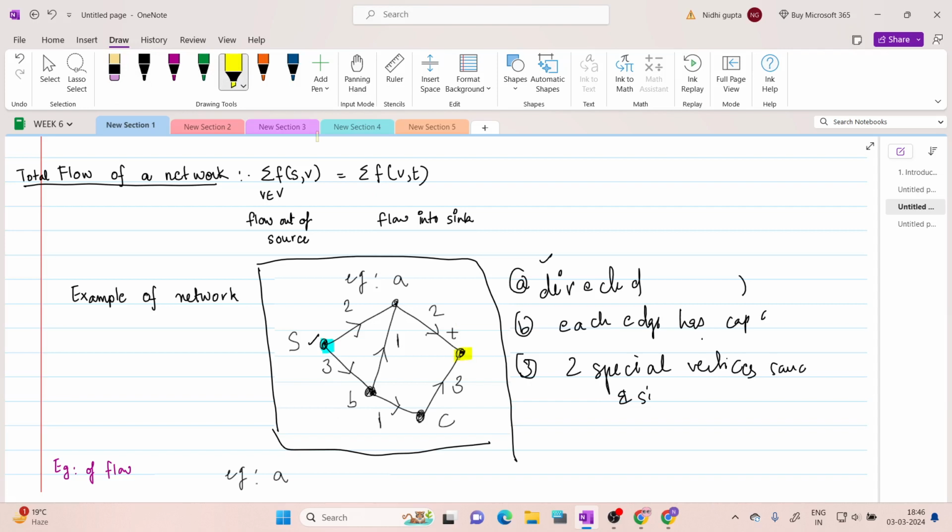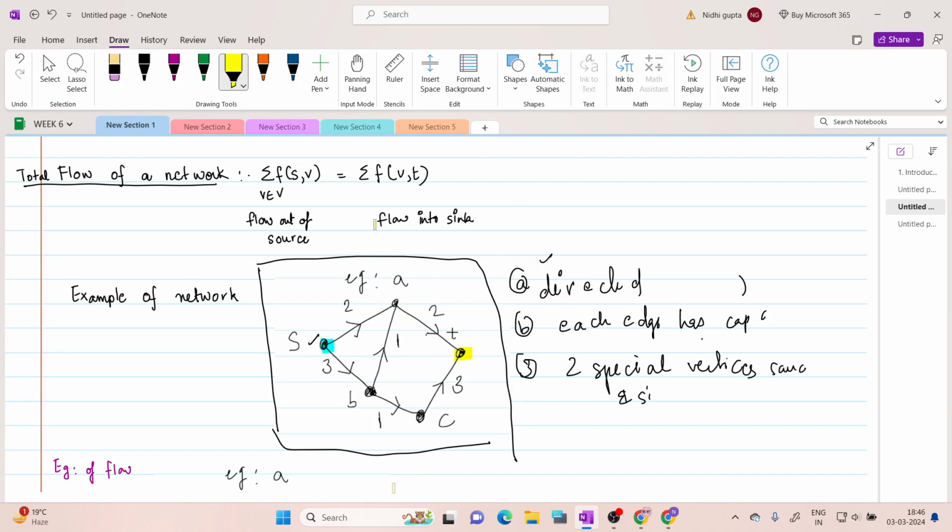And then we have a sink vertex. Sink vertex is kind of the opposite of source, that is, all the edges are going into the sink. There is no edge going out of it. In this example, S is a source vertex because it has only two edges which are going out of it. Similarly, T is a sink vertex because all the edges are going into it, but there is no edge going out of it.